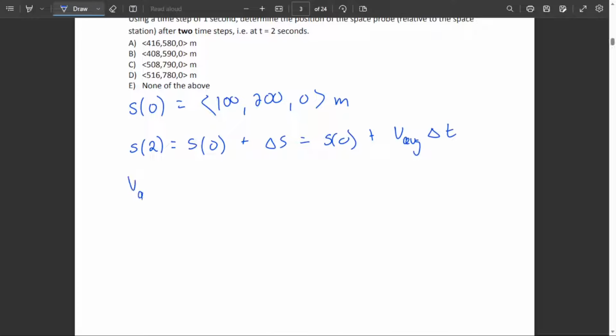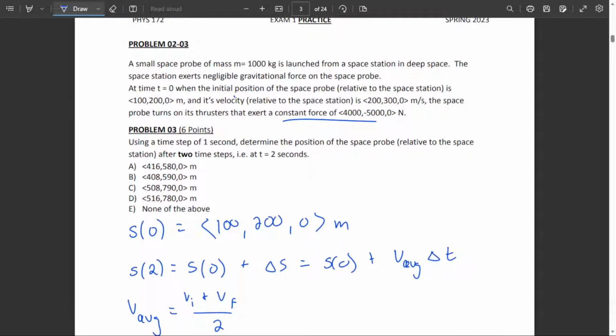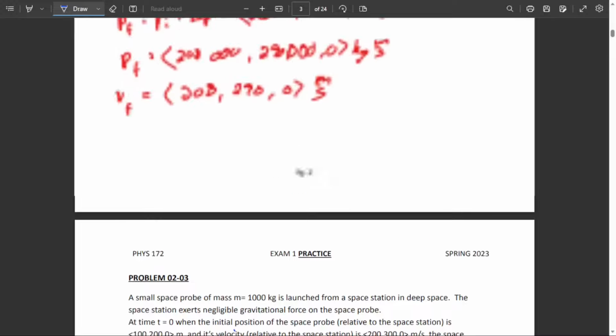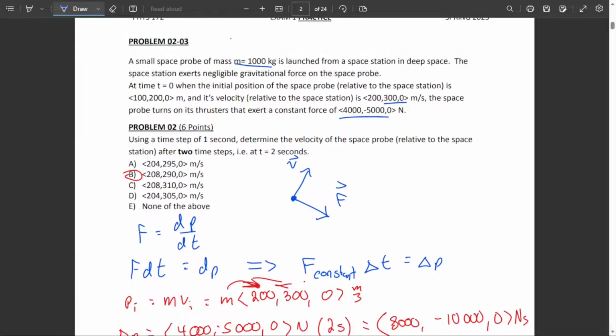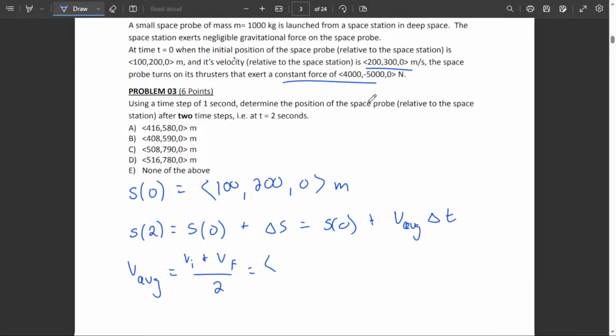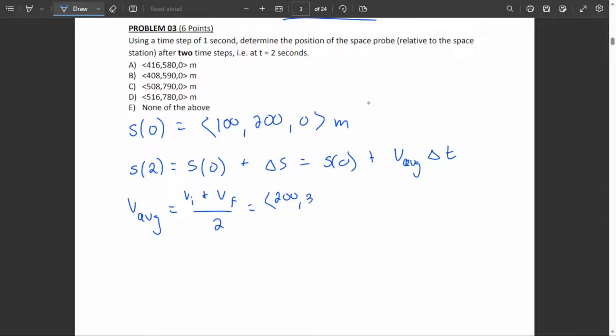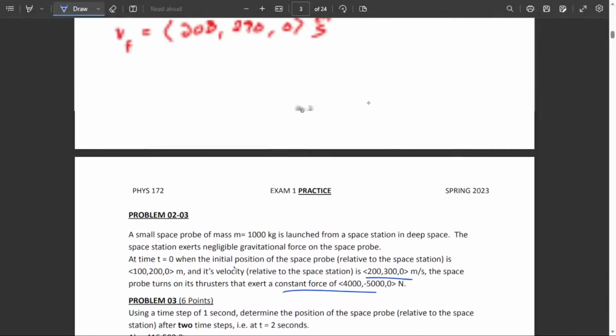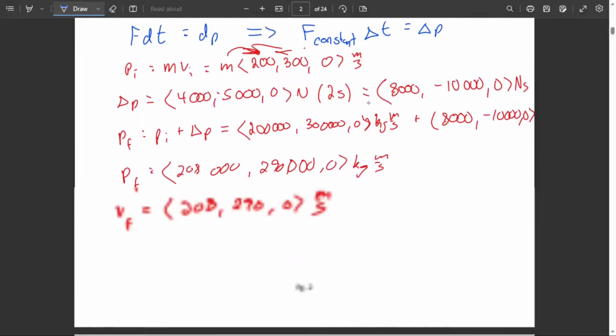So our average velocity is going to be our initial velocity plus our final velocity over 2. We are given our initial velocity here, and then our final velocity from the previous problem. So that's going to look like, was it 200, 300? Plus 208, 290.